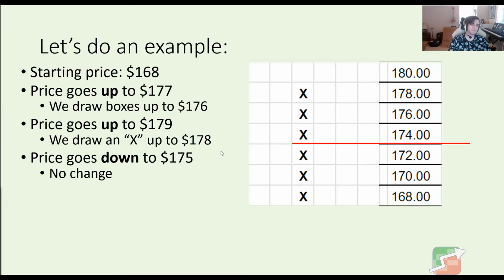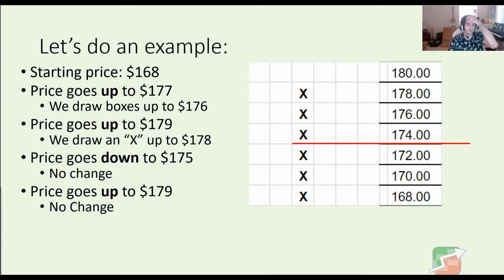Now, the next day goes by, we recover a little bit, and the price goes up to 179. Now here, we didn't go to 180. We're still sitting right here at the 178, so we do nothing. There's no new point on the chart.